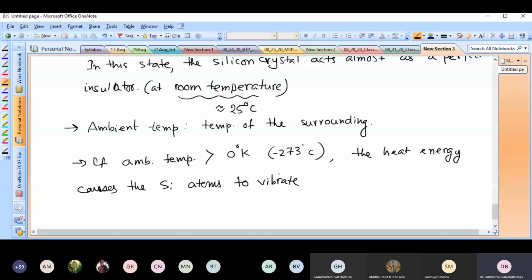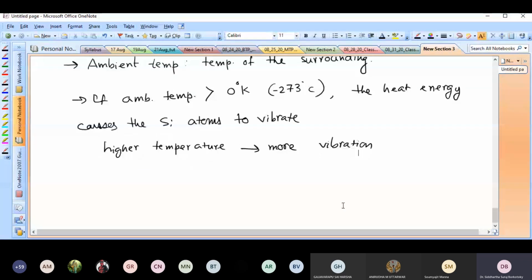The higher the temperature, the more vibration. And this vibration can occasionally dislodge an electron from its stable saturated orbit.